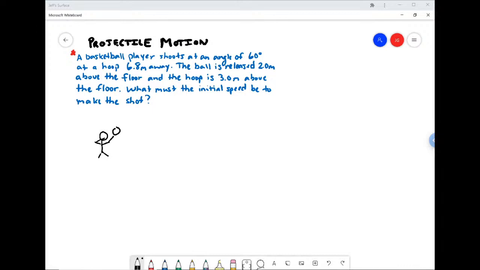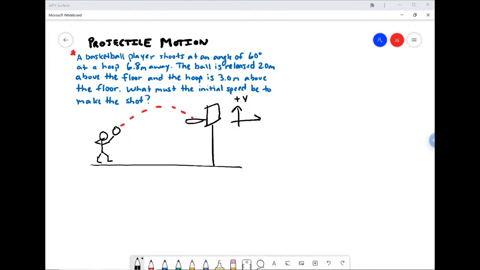And there's the ball, and it leaves his hand, follows a trajectory that takes it to a hoop, and he makes the shot. And there's the ground. Alright, so I'm going to define positive and negative direction. I'll call up positive y and right positive x.